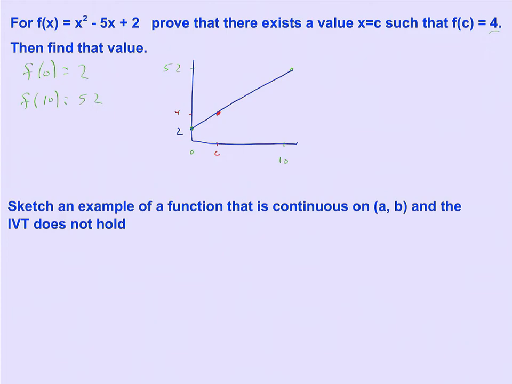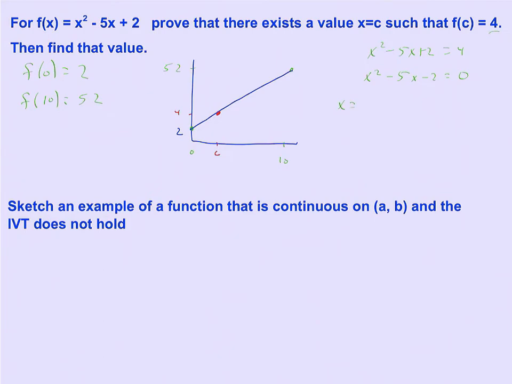And then the question did ask to find that value, so we want to know when does x squared minus 5x plus 2 equal 4? And this one we'll have to use the quadratic formula because it doesn't factor when I subtract 4 from both sides. So that won't factor.